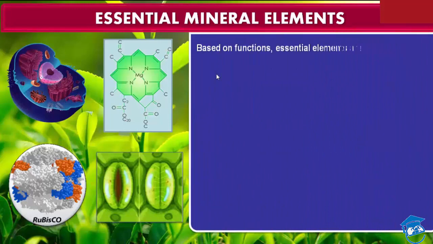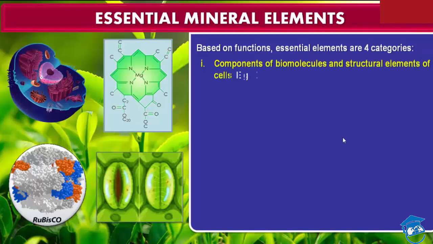Based on the function, essential elements are of four categories. First, components of biomolecules and structural elements of the cell. For example, carbon, hydrogen, oxygen and nitrogen, students.